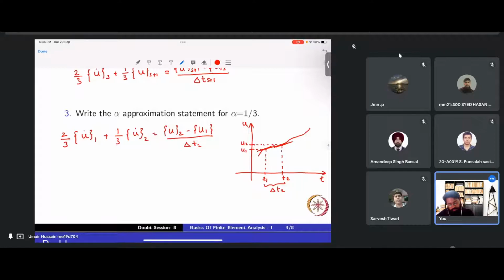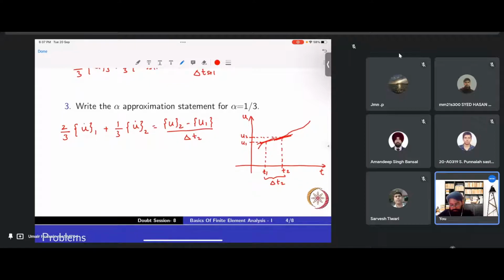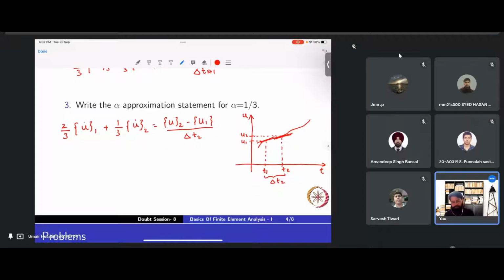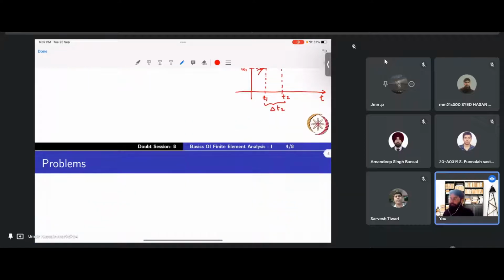We take the 2/3 part of this and the 1/3 part of this, and we get a value between these. So that's a kind of approximation. Again, we can't say that this is a stable approximation. So we can move on to the next problem.